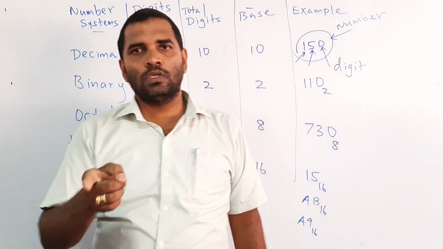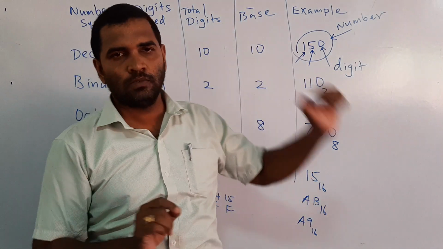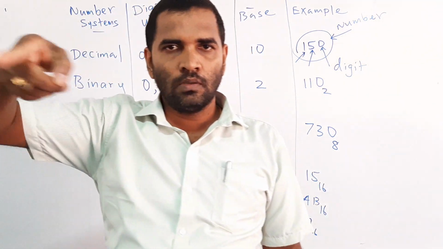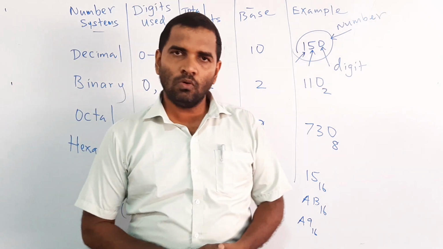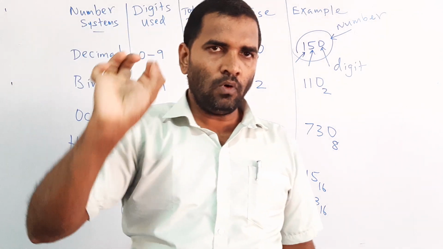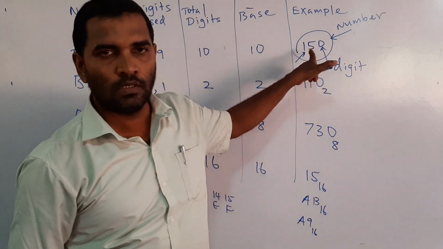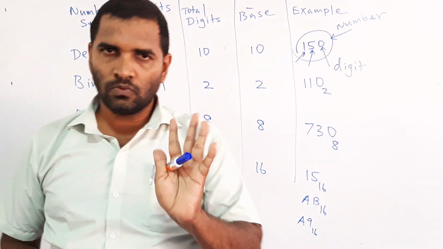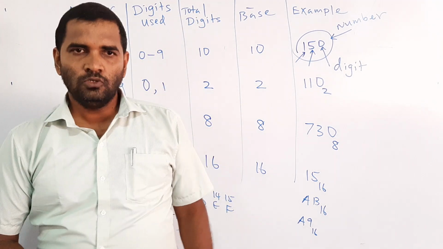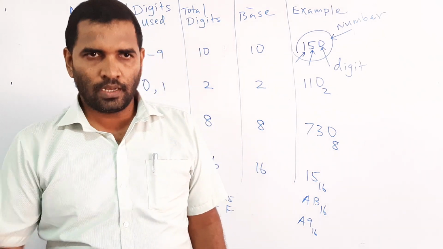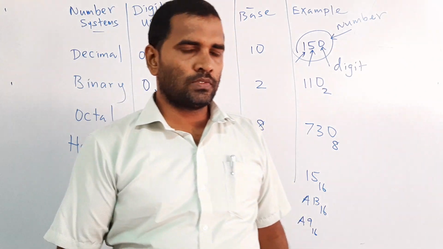If you use 0 to 9, I'm talking about decimal, in a number, all these particular characters are called digits. But the one which you have formed should be called a number. Right? So this is the introduction for all these 4 number systems. Hope you have understood the various number systems used and their characteristics and some examples.